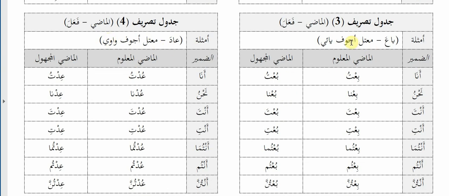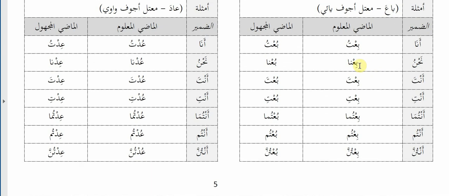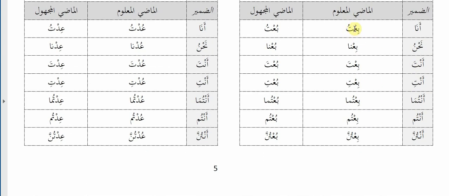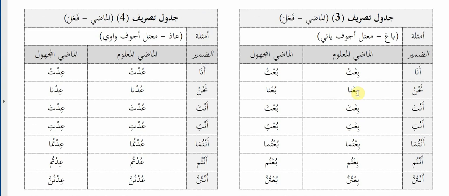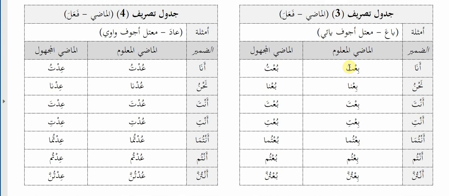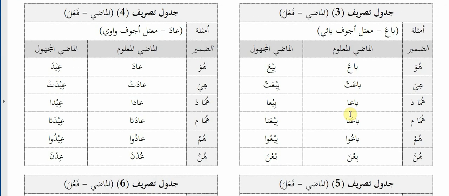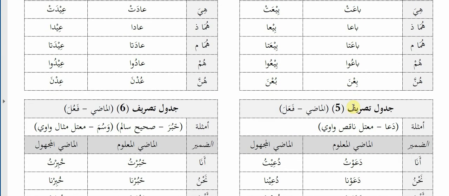You know how I talked about these verbs having that in it, and its origin is u or e. You see here it disappeared. When you attach a pronoun to it, it disappears. This is in the past if you attach the pronoun. When you see it in the present, you will see what I'm talking about.